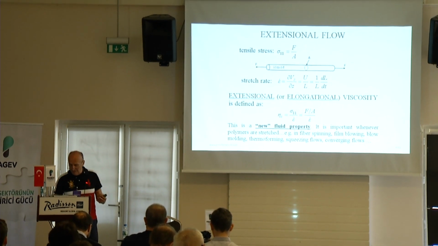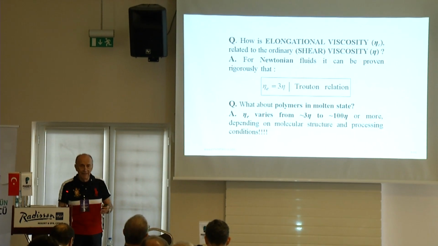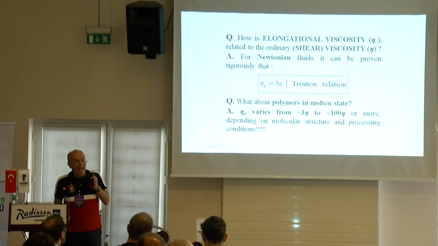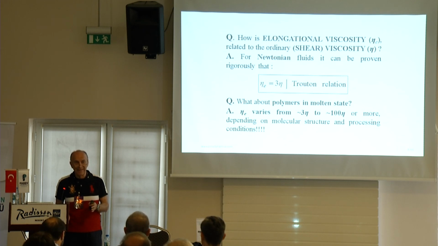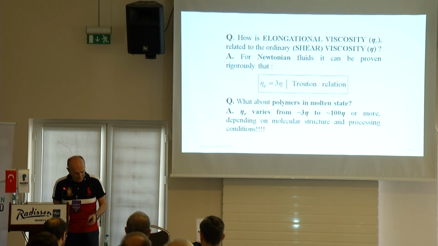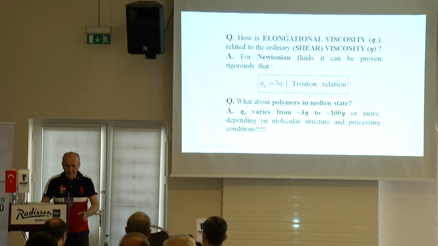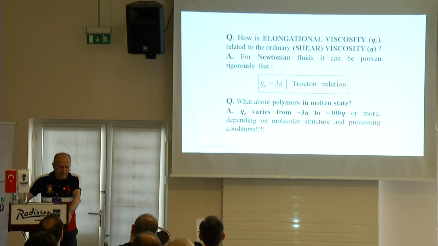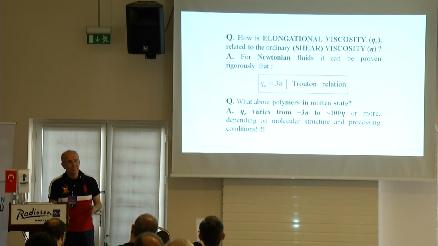And what is the relation between the two? Well, the resistance to stretching, that is the elongational viscosity, is three times the value of shear. And this was discovered over 100 years ago, I think it was 1905 or so, by Trouton, a professor at Cambridge or Oxford, I don't remember. And this is for Newtonian fluids.